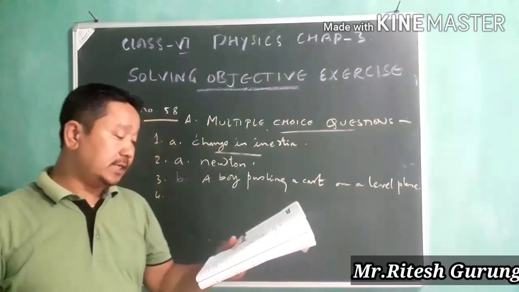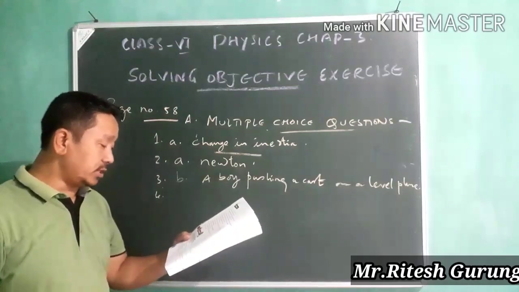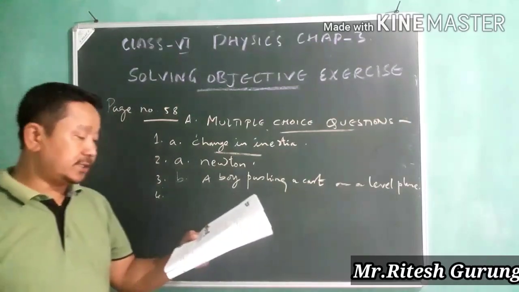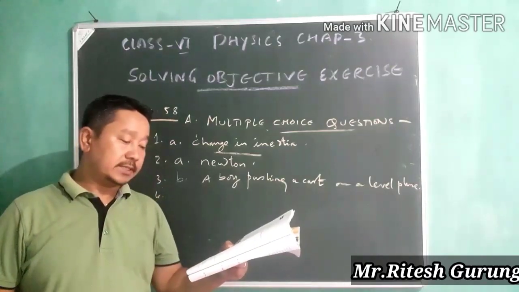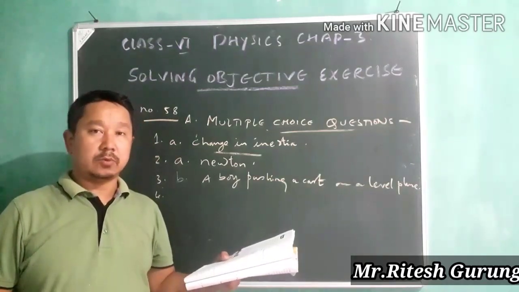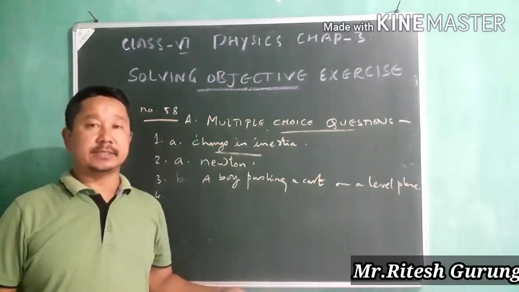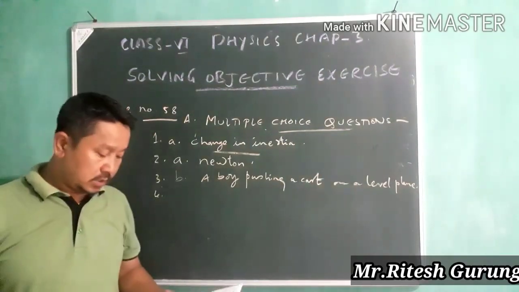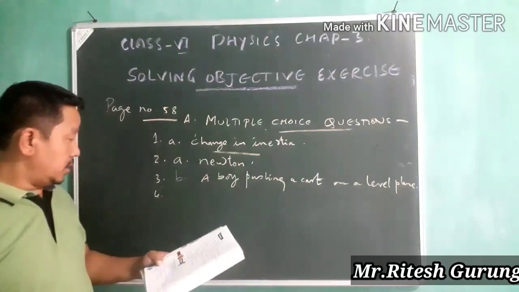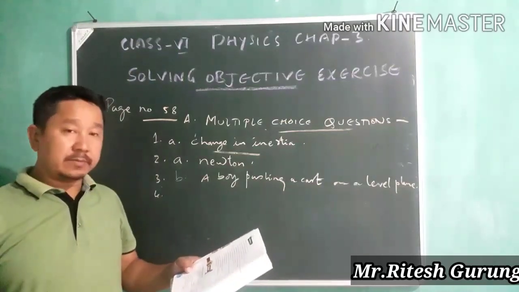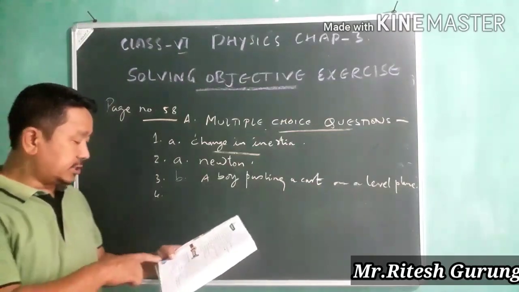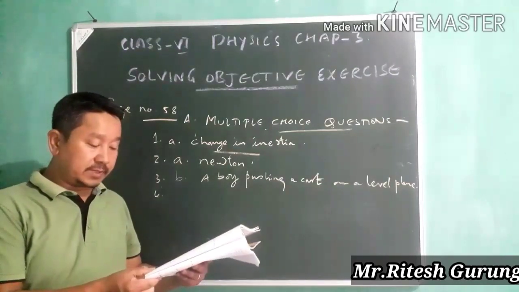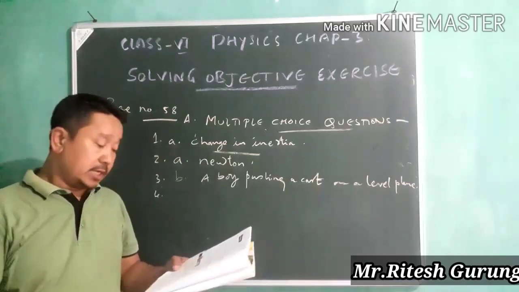Option A is kilogram, option B Newton, option C gram, option D meter per second.